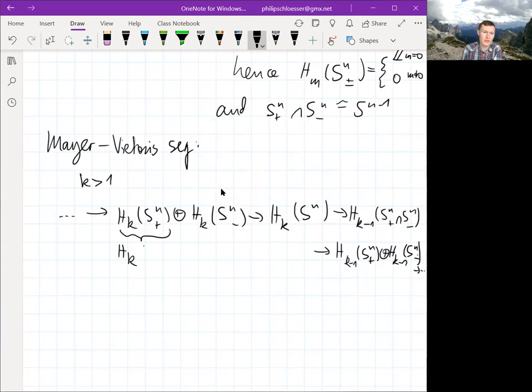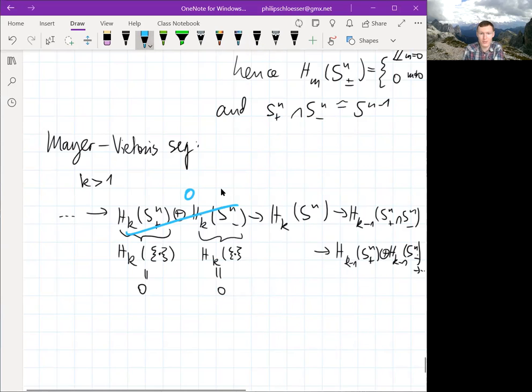Now we know that the hemispheres are homotopy equivalent to the disk or to the point. So that is equal to Hk of the singleton set, and this one is also equal to Hk of the singleton set. But since k is bigger than 1, this is just a trivial group, so we just have 0 here. Since k is strictly bigger than 1, the same argument also applies here.